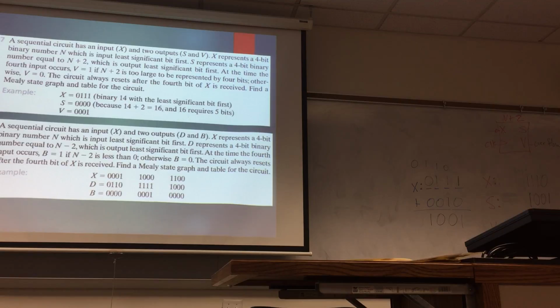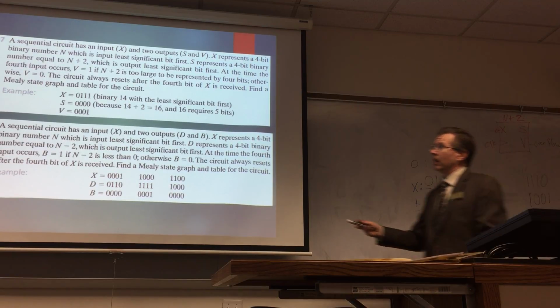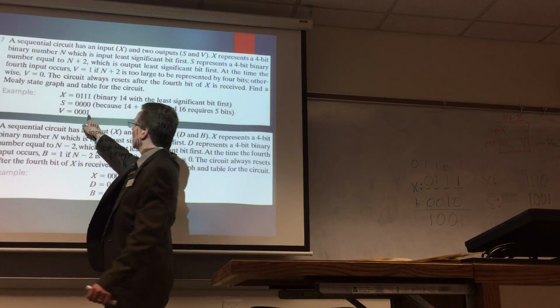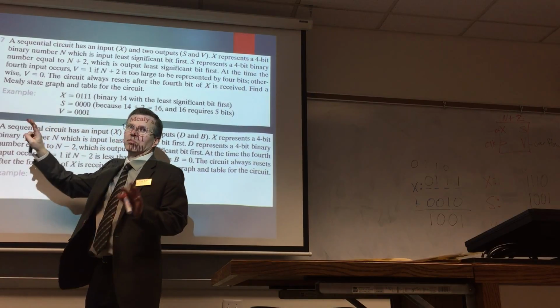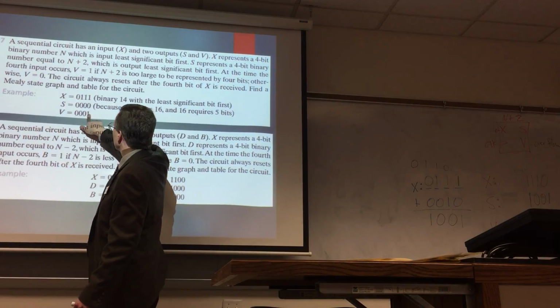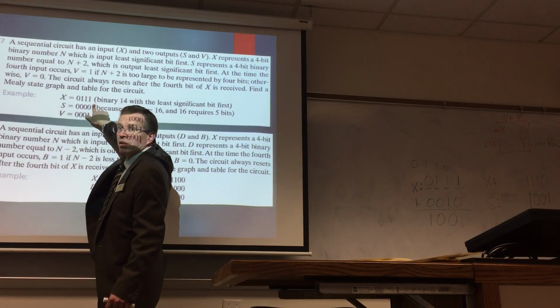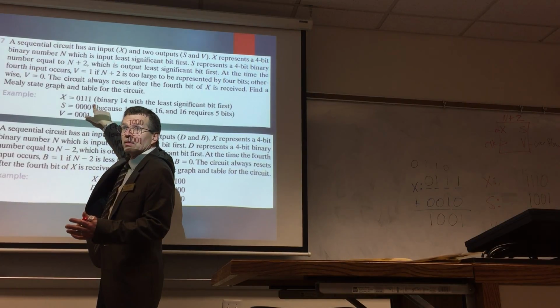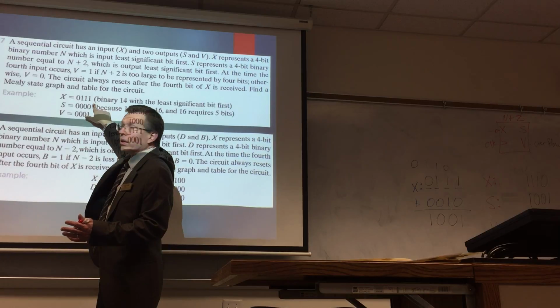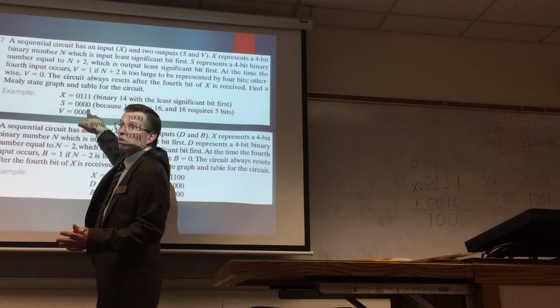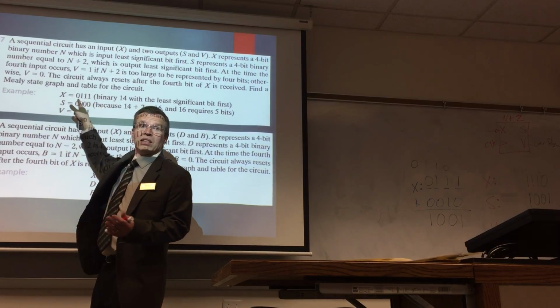Okay. What happens if we get a number that's too big? Then, in essence, this V bit, now bear with me, we have to reverse it. If you just put that bit right here, it'll be the right answer. Correct? What is 14 plus 2? 16.